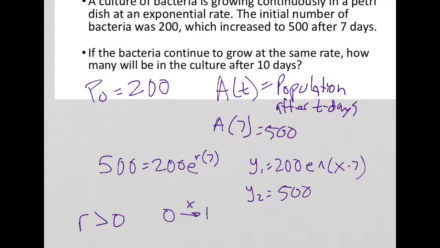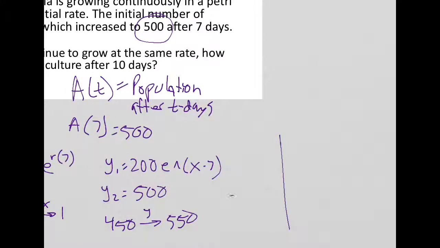And then for y, I know that I'm looking for the intersection at the y value of 500. So I'm going to graph 450 up to 550 for y, and you should get a graph that looks kind of something like this. And we're going to calculate that intersection point, and it's going to tell us that x is equal to 0.131.